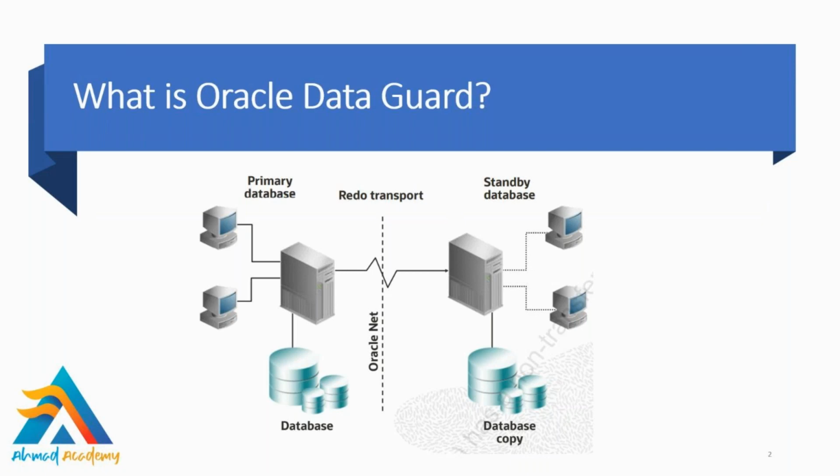Then you can use this standby database as production, and meanwhile you can recover your damaged production database. The production database is referred to as the primary database in a data guard configuration, and the standby database is basically a synchronized copy of the primary database. How do you create it? By using a backup copy of the primary database.